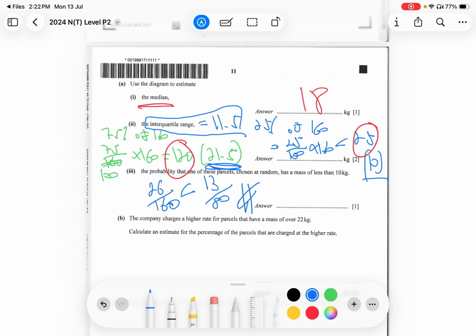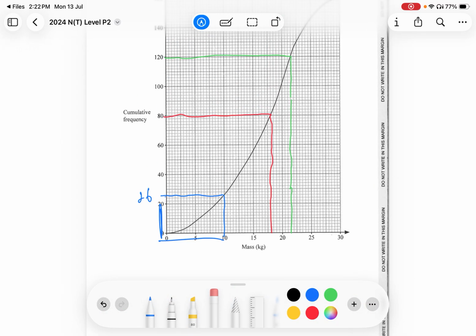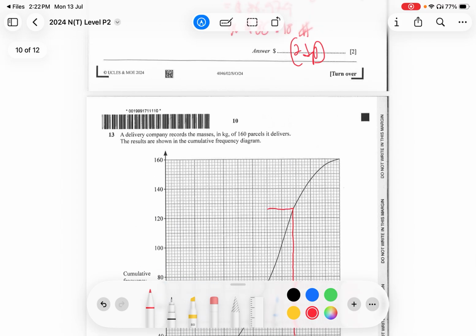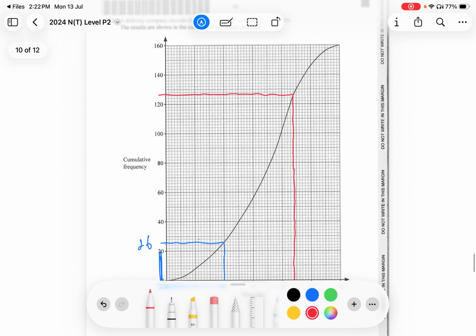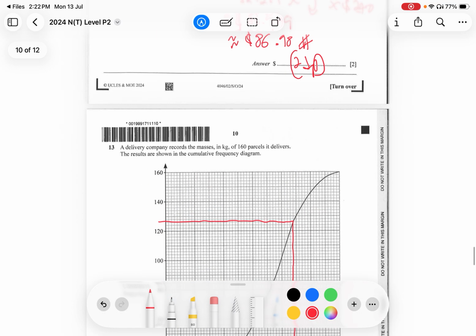We charge a higher rate for parcels that are over 22 kg. 100% is the higher rate. 22 kg is here. So how many of them are over 22 kg? They actually meant this part, more than 22, which comes back to here.